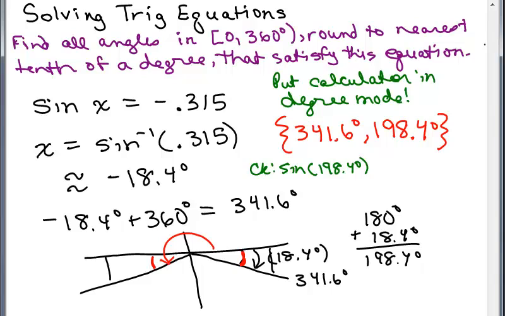Do it with me. Make sure it's in degree mode. And I got approximately negative 0.316. Again, yep, close. So that's how you would do this problem. A little bit tricky because when you do the inverse sine, you don't get something in the range you're looking for, between 0 and 360 degrees.